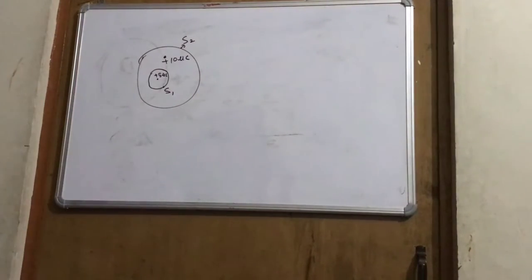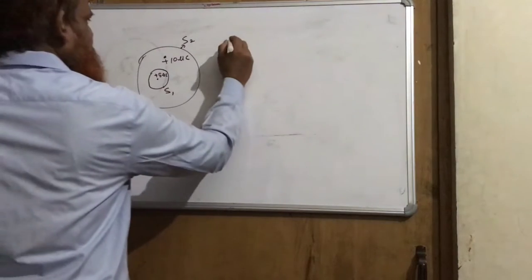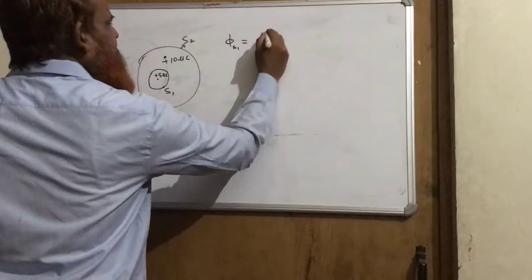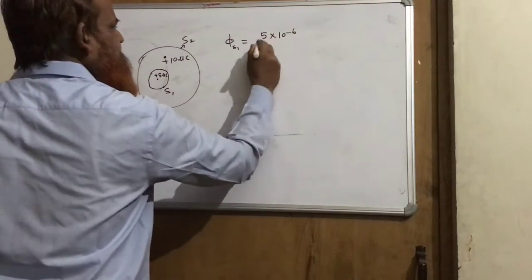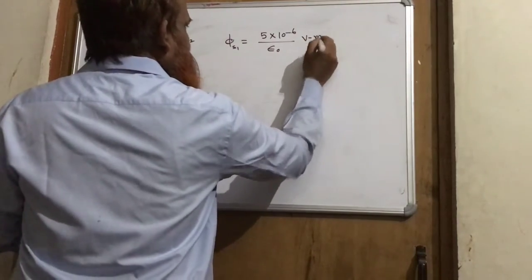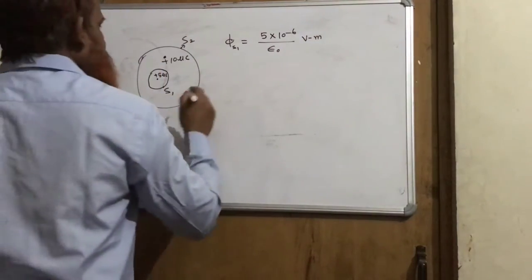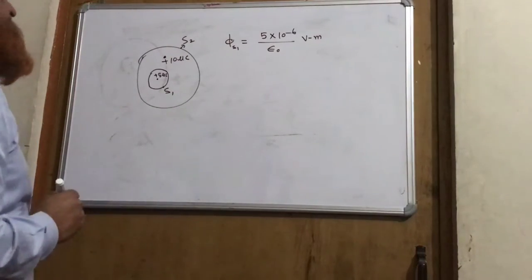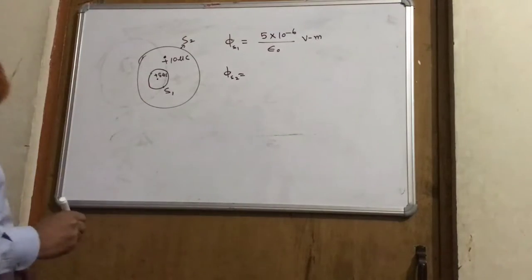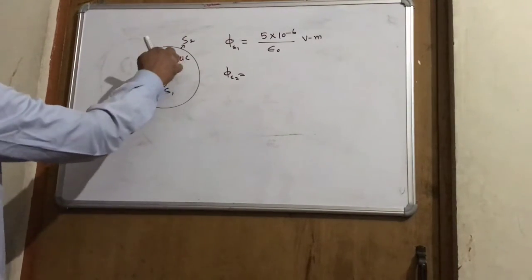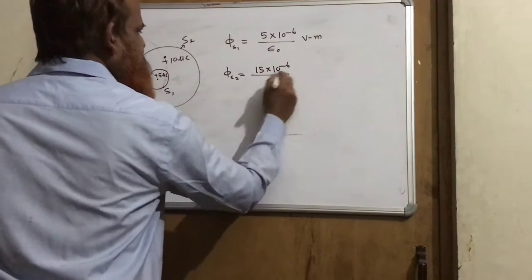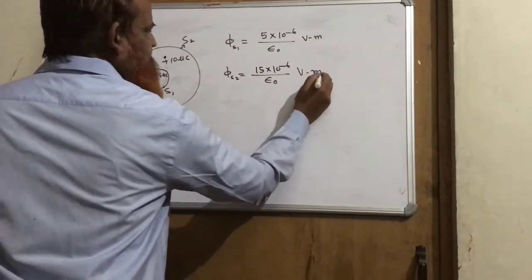The flux associated with surface S1 will be 5 into 10 to the power minus 6 upon epsilon naught, in volt meter, because 1 microcoulomb is 10 to the power minus 6 coulomb. For phi S2, the charge is not 10 but 10 plus 5, so it will be 15 into 10 to the power minus 6 upon epsilon naught volt meter.